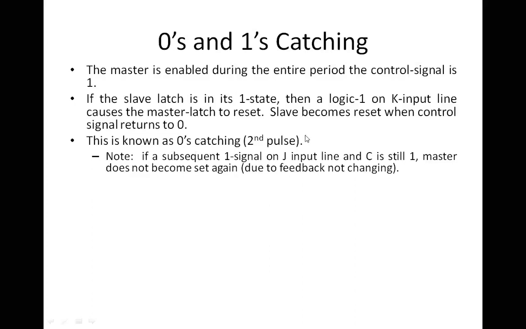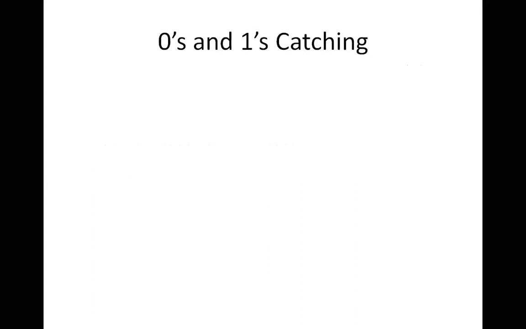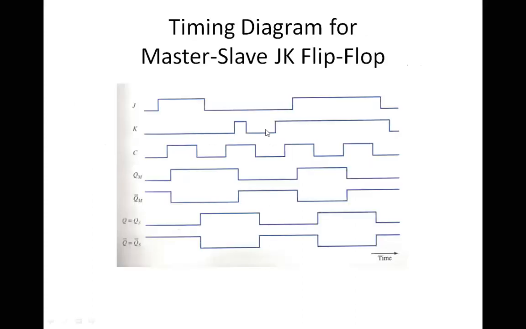Are you understanding, students, what I'm trying to say? It is nothing but an explanation of this diagram. So let us see here in your slave. In your slave, the value is just continued. See, even though K value is changing here, do you think QM or QS value is changing?